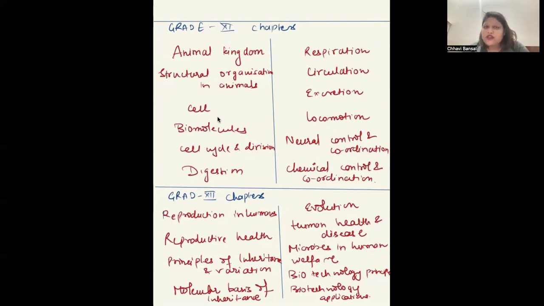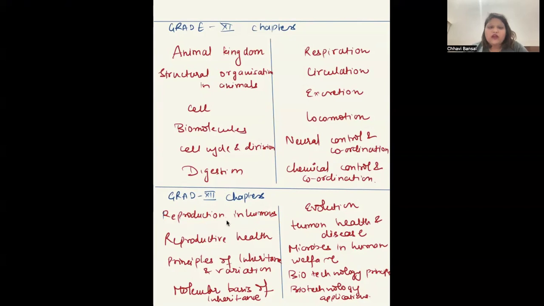Cell, the components of the cell, biomolecules, in which we have dealt with glucose, carbohydrates, proteins, vitamins, and all that. Then cell cycle and cell division, digestion, respiration, circulation, excretion, locomotion. And then these two chapters: neural control and coordination and chemical control and coordination. So these were the chapters involved in the zoology part of the NEET 2024 paper.